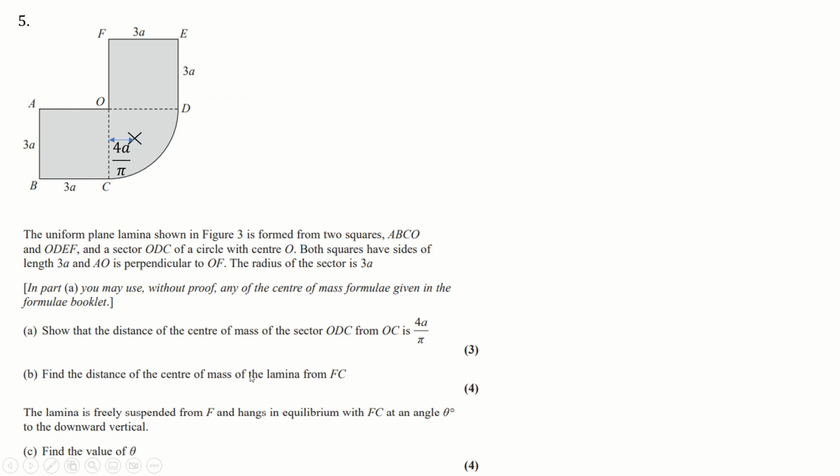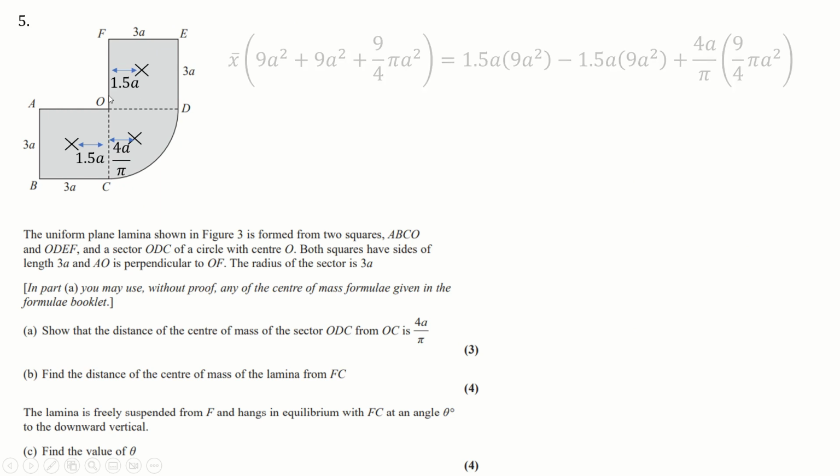Find the distance from the centre of mass from FC, from the entire thing. So we've got 2 more centres of mass to consider here. The centre of mass of this box, which is of course just 3 over 2 a away from here, or 1.5a, and this one here, which is also 1.5a, the other direction. And now we can do the same thing we were doing in question number 1, which is we can say x bar, the distance from FC horizontally, times the entire mass. We can model the mass as just the 3 areas added up, so 9a squared plus 9a squared plus the area of this.